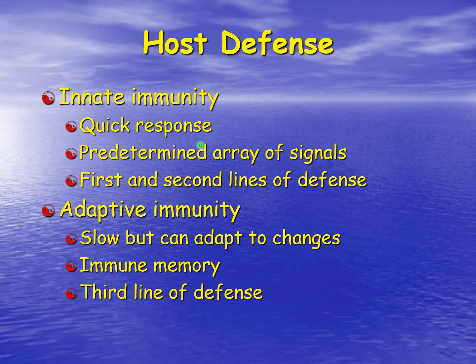Now, let me say, the second and third lines of defense work hand in hand with each other. It's just that inflammation is going to be an immediate response, whereas the adaptive response, depending upon whether we've been exposed to whatever this infection is or whatever the microbe is, will determine how long our response may take. It may only take a couple of days to out to 10 days.